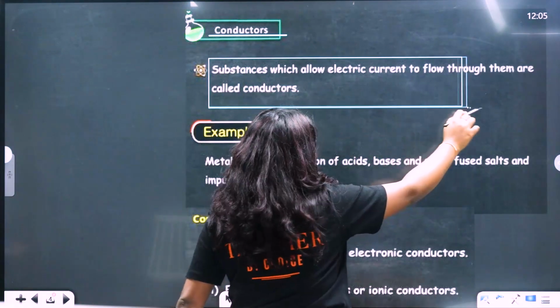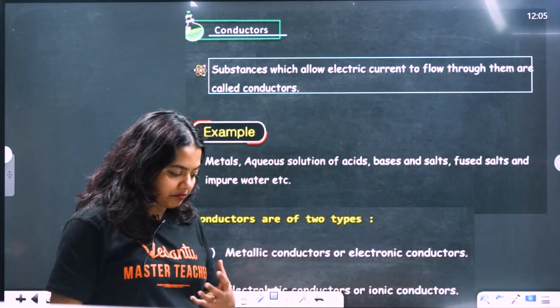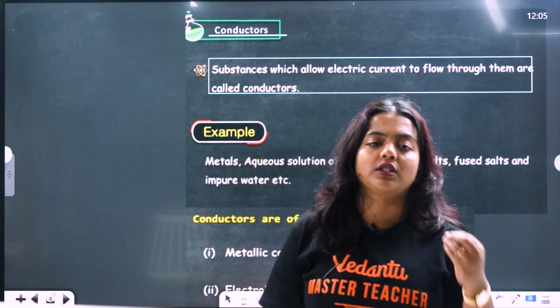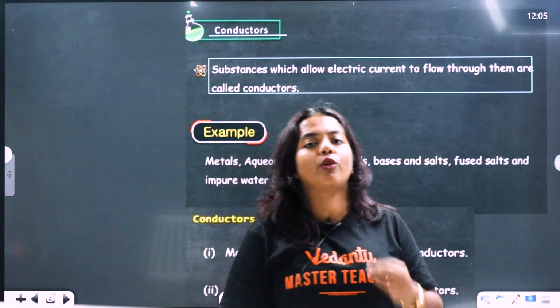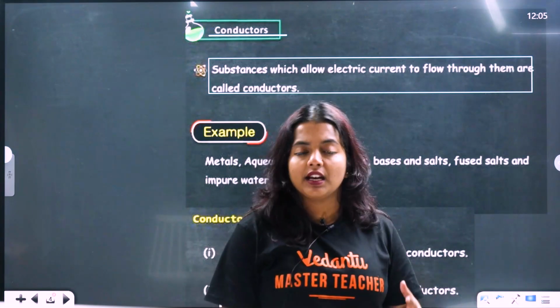So basically you know that there are some conductors. The substances which allow the electricity to flow through them are called conductors.